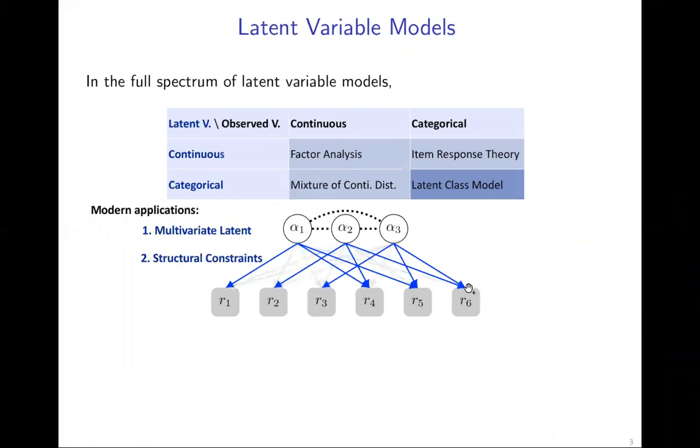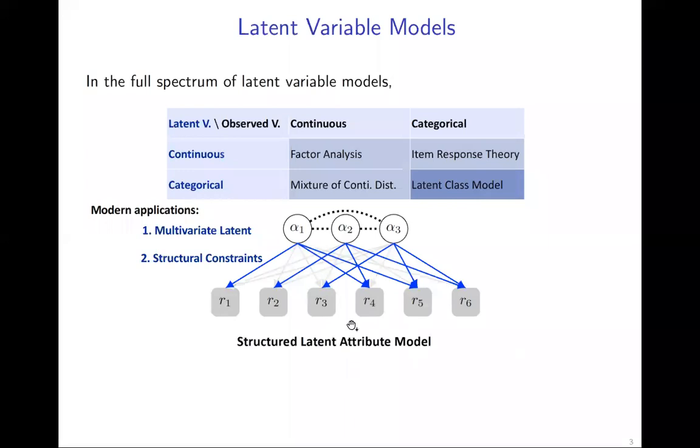And another key ingredient of this modern generalization is the existence of the structural constraints between the latent attributes and the observed responses. So by this, I mean, not necessarily each observed response, say R1, depends on all the underlying latent attributes. Instead, by some prior knowledge or study design, we can sometimes know that each observation depends only on a subset of the latent attributes, resulting in a sparse dependence graph between the 2 layers.